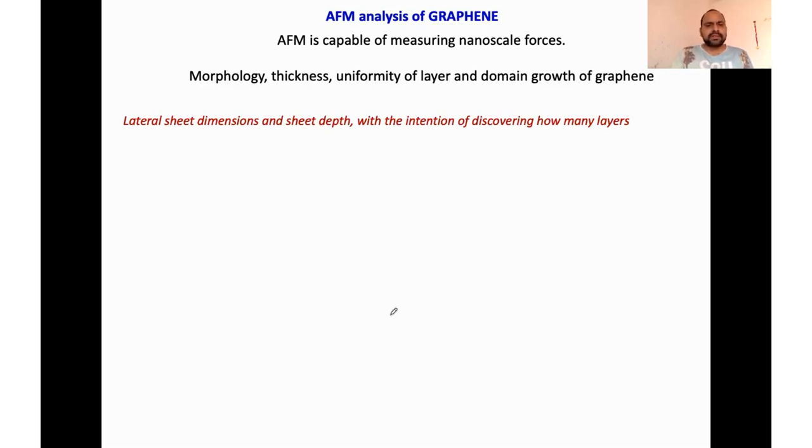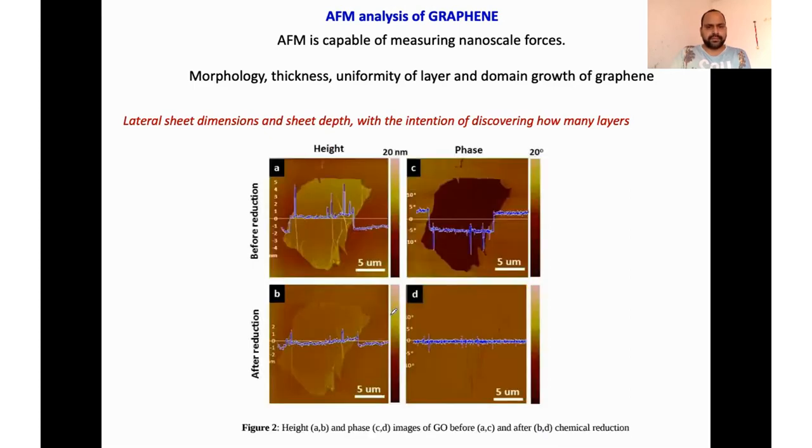So a line scan has been done. From here it looks like noise, and this is again some noise due to the wrinkles, and then this is the base. So we can consider the base of the substrate and then the height of this. So this is almost 0 and 1 if you compare.